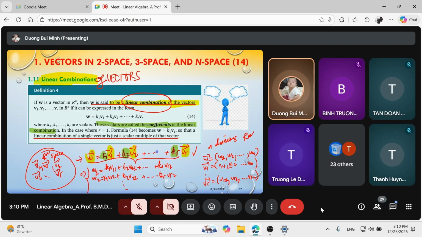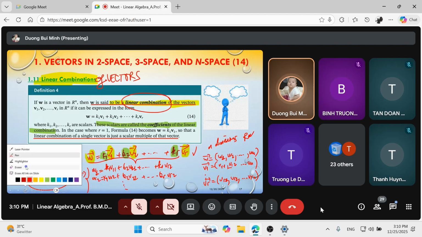So the linear combination of the vectors can be converted into a linear system. Any questions so far?